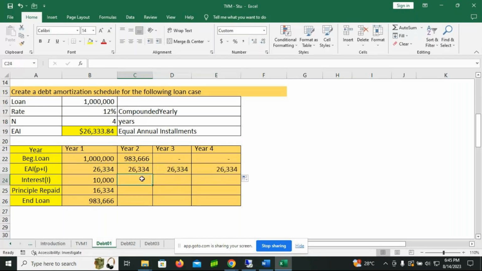I'm going to drag this EMI into 12% divided by 12. So principal repaid will be EMI minus the investment minus EMI. One second, guys.